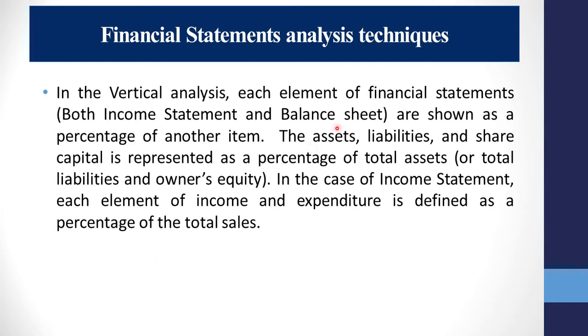So the total assets and the total liabilities and owner's equity represent 100% of each side of the balance sheet, and each item and component of the balance sheet will be divided by this total, or this 100%, to get its percentage.